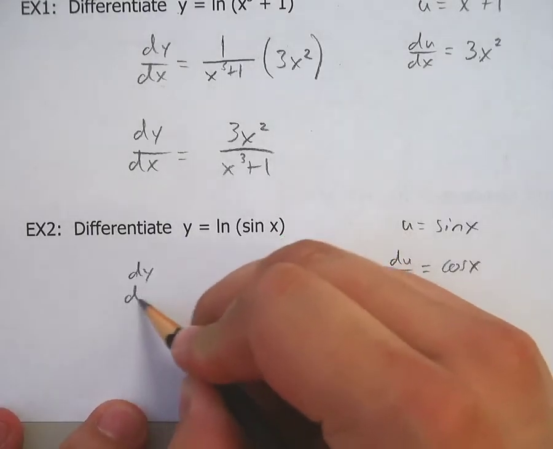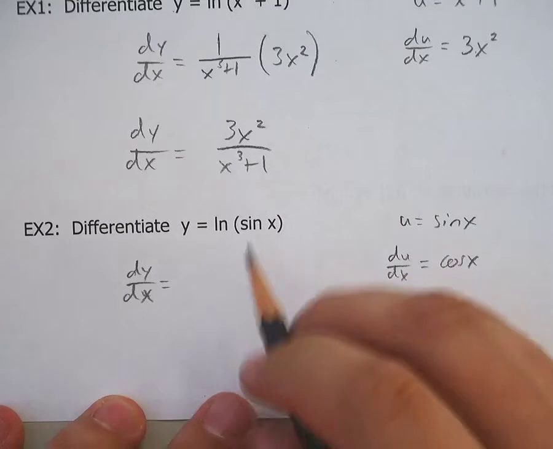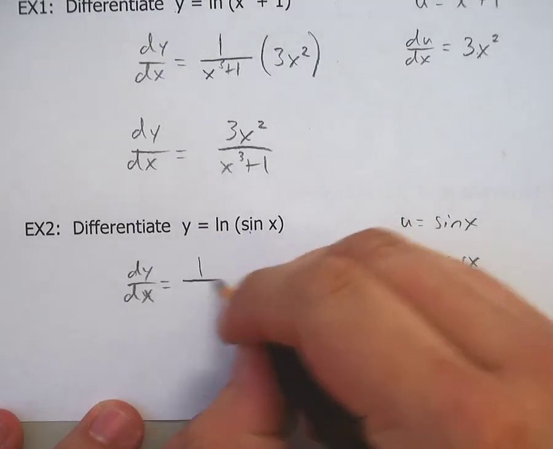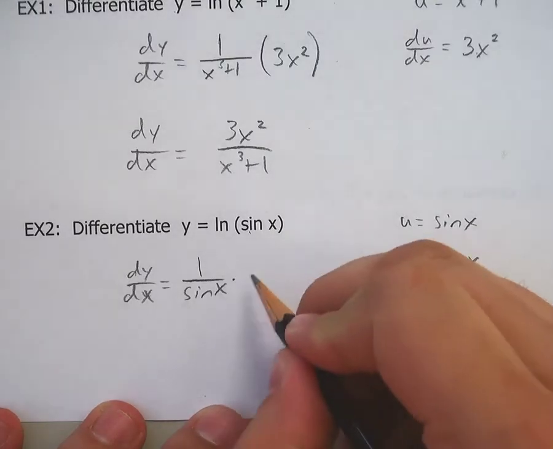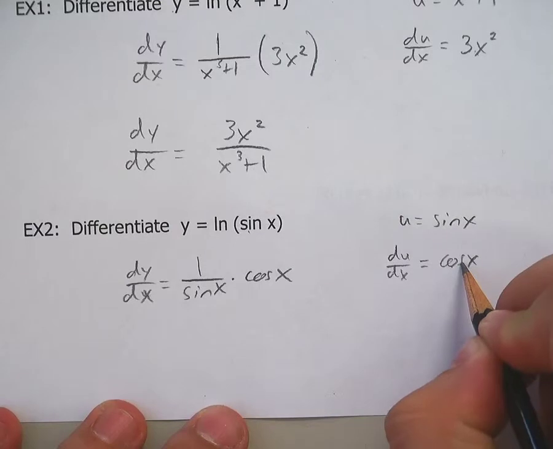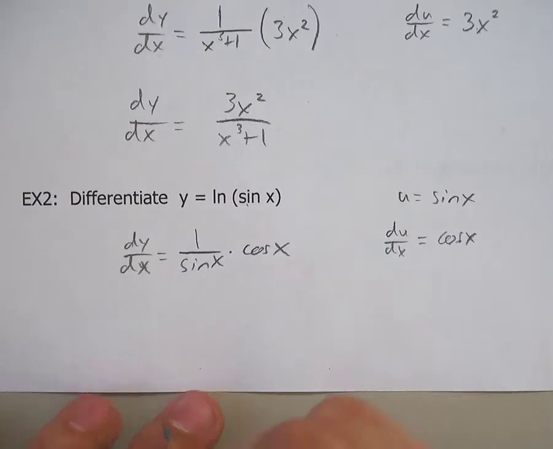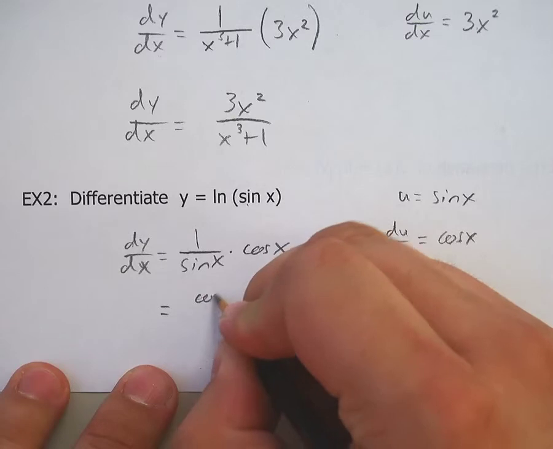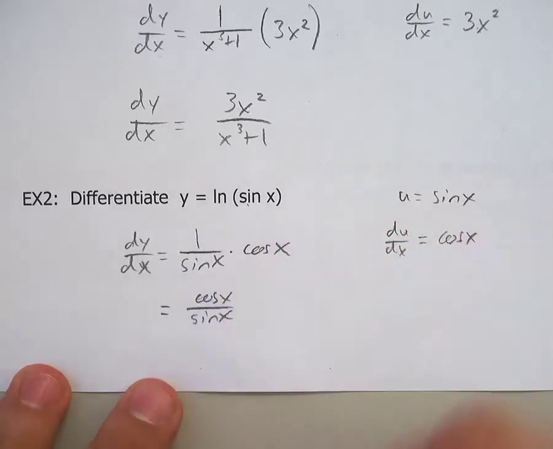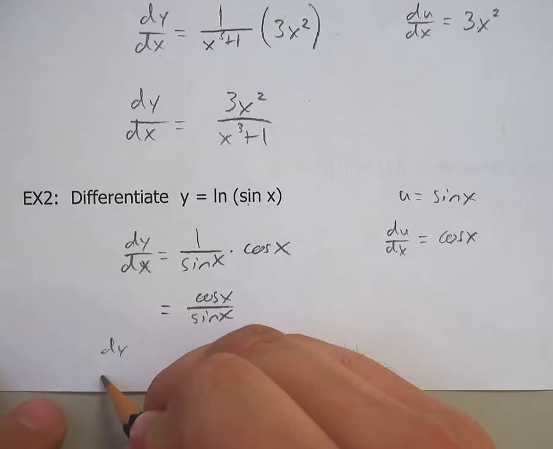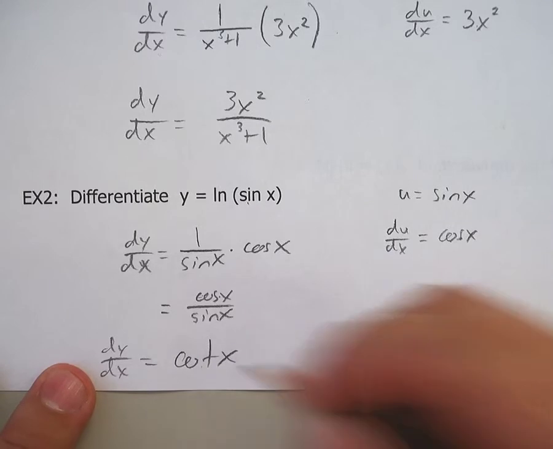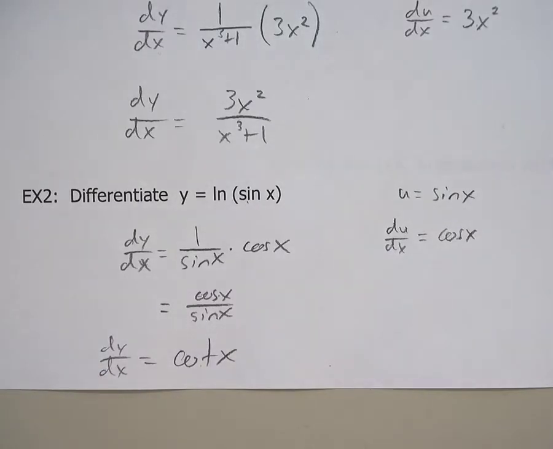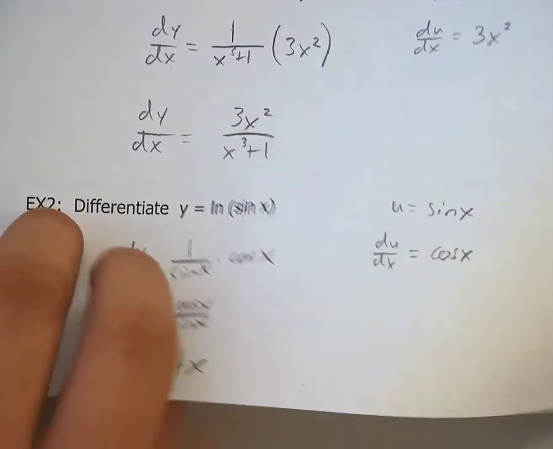So dy dx, the derivative of y with respect to x, is 1 over u times du, which is going to be cosine x over sine x, which if you remember from pre-cal, if not from the beginning of the year, cosine over sine is cotangent. Yippee-ki-yay. So again, it's 1 over u du. So the principle is not that difficult.